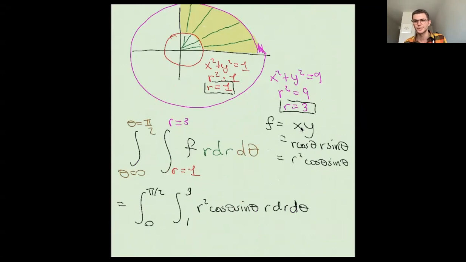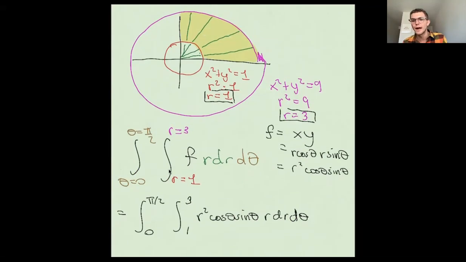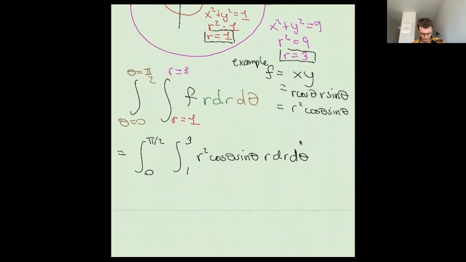The point is that these bounds are found the same way regardless of what f I would have given you. These bounds are specific to the region. They have nothing to do with the function, but to do the integral, let's use this function in our example. So in this example, f happens to be x times y. Is that okay? So now we have to do this integral.